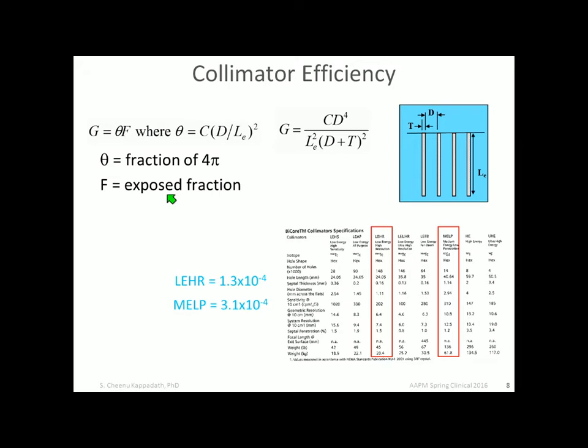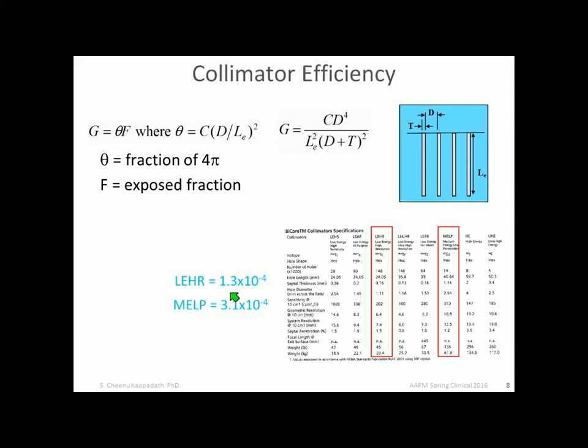I'm not going to go through it, but the take-home message is as follows. When you buy a gamma camera, you can get the specifications of the collimator, and depending on the shape of the hole, you can compute the efficiency from those equations using the collimator parameters. The efficiency of a collimator is about 1 part in 10,000.